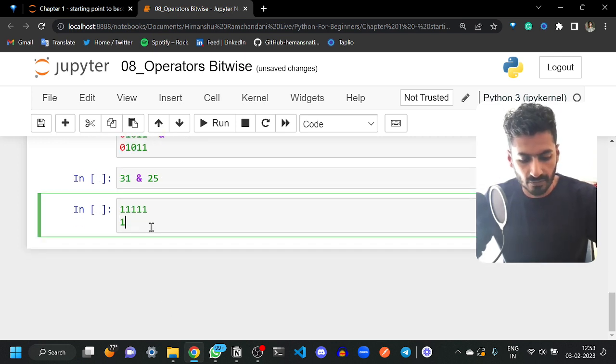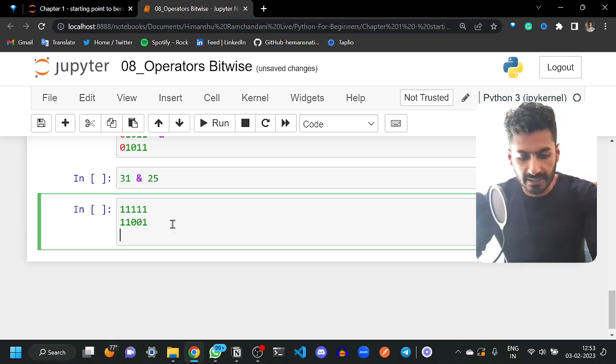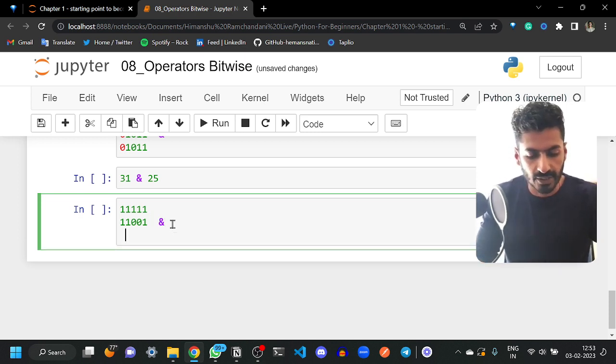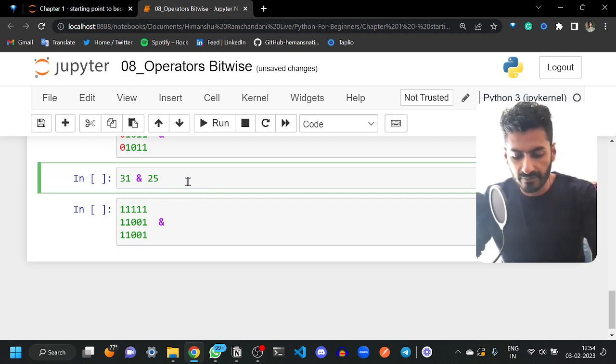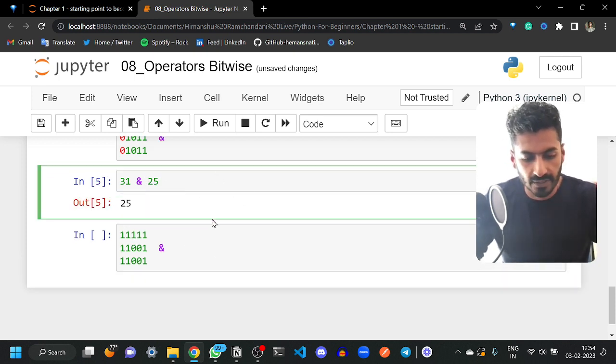This is the binary of 25. Okay, let's calculate the bitwise AND of these two numbers. So 1 and 1 will be 1, 1 and 0 will be 0, 1 and 0 will be 0 again, 1 and 1 will be 1, 1 and 1 will be 1. So 11001. This is the binary of 25. So the output is 25.